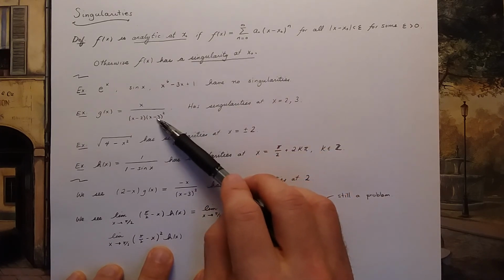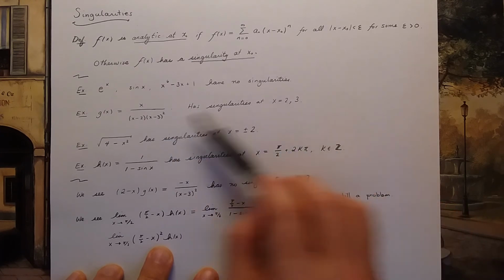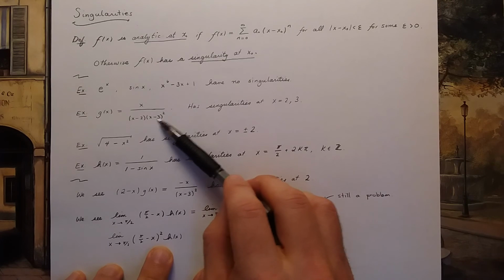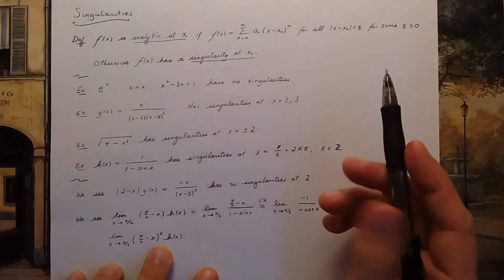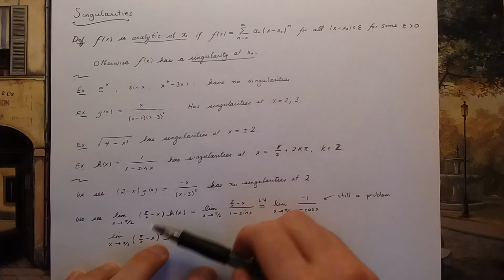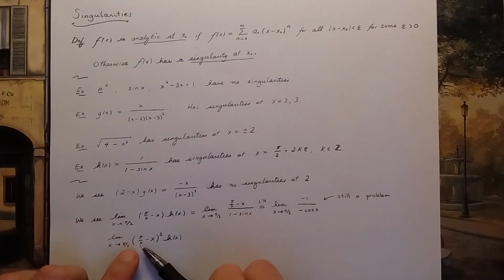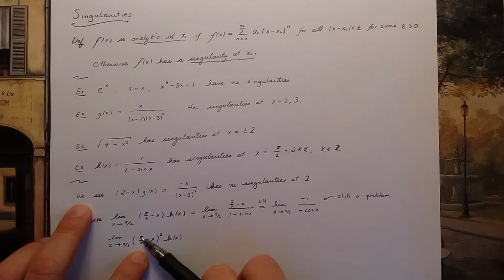If I want to remove the singularity at x equals 3, I have to multiply by x minus 3 two times to get rid of it. One time wouldn't be enough. So maybe I can get rid of the singularity by multiplying by 2 factors of pi over 2 minus x.